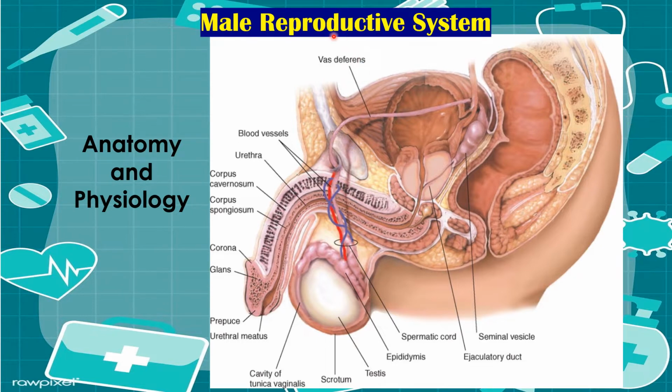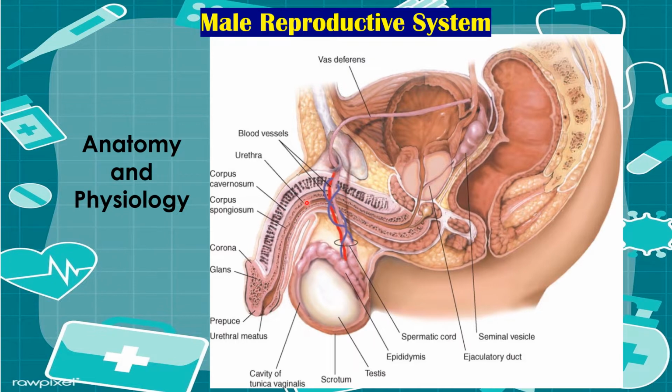Now let's look at the scrotum. The scrotum is a loose, wrinkled pouch divided into 2 compartments, each containing a testis or testicle. Covering the testes, except posteriorly, is the serous membrane of the tunica vaginalis.